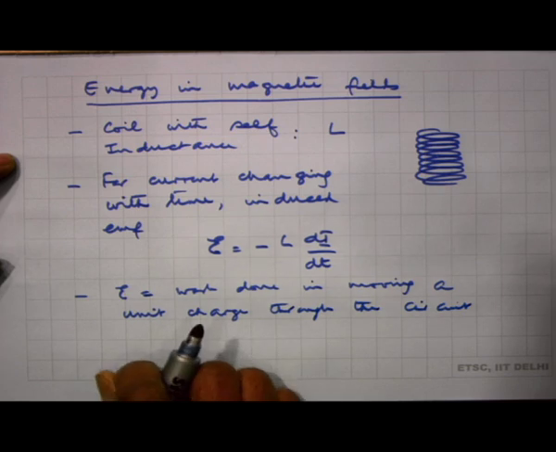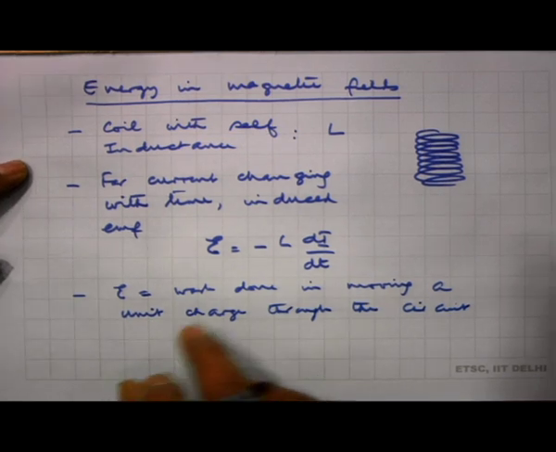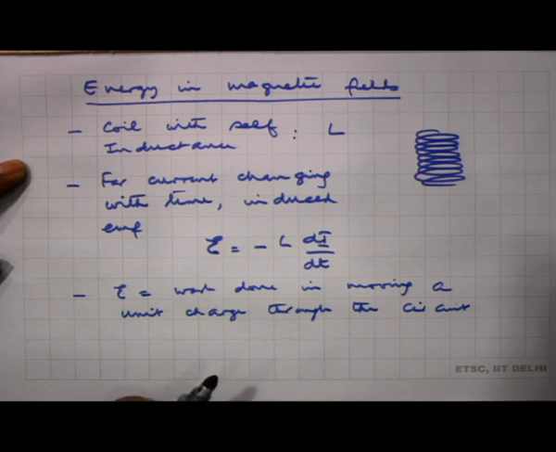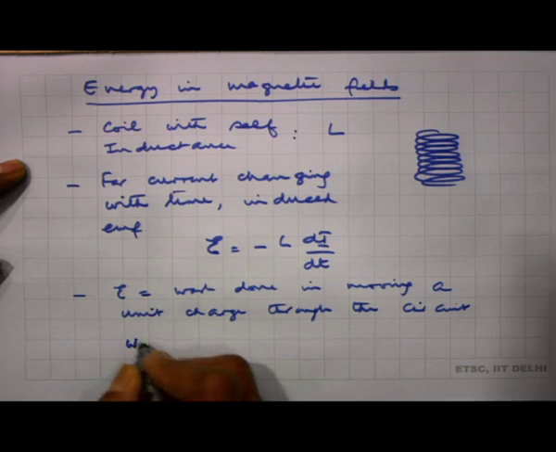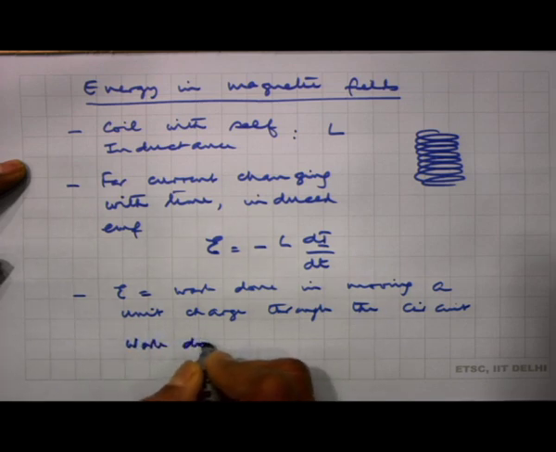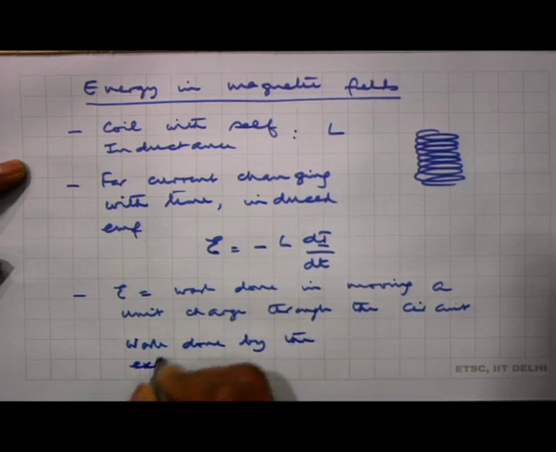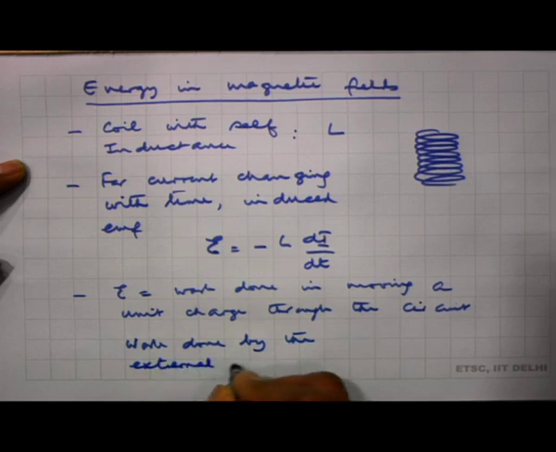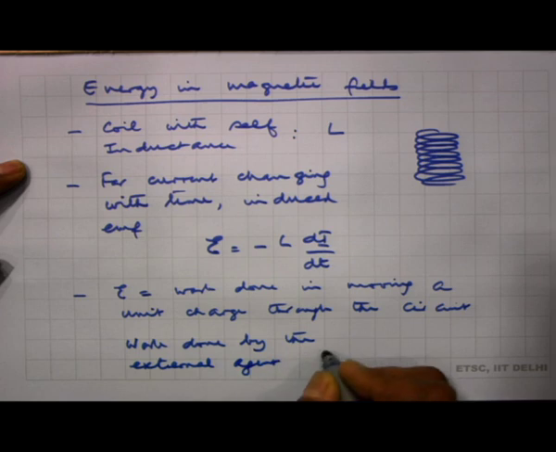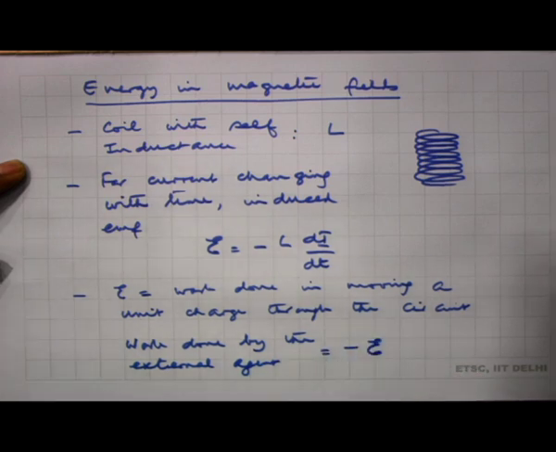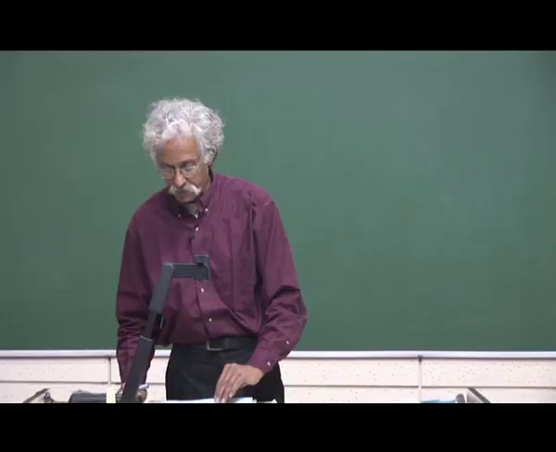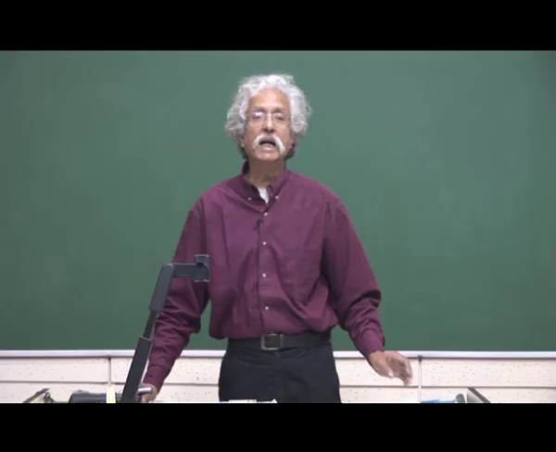Because it is a back EMF, I must move the charge against this EMF, and so the work done by the external agent is minus E. I must work against this induced EMF, moving a unit charge, which costs minus E.